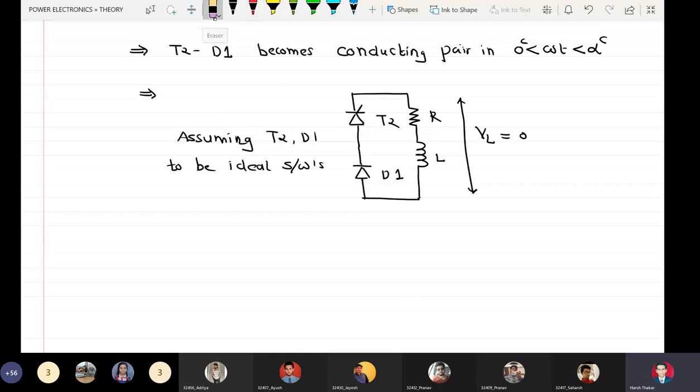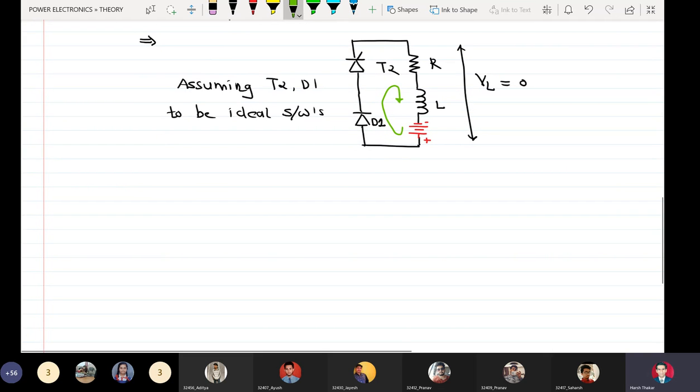So I will also have to draw this L dI by dt here. Understand one thing, that the inductor is now discharging through T2 D1 pair. So this is called as freewheeling.